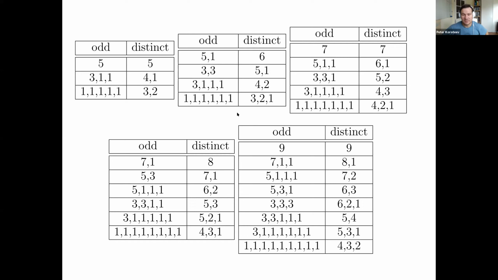So the rule must be very simple and universal. And if you're in doubt, just try. So take maybe n equals 6, and just see what comes to your mind. So where does 5, 1 go? Where does 3, 3 go?